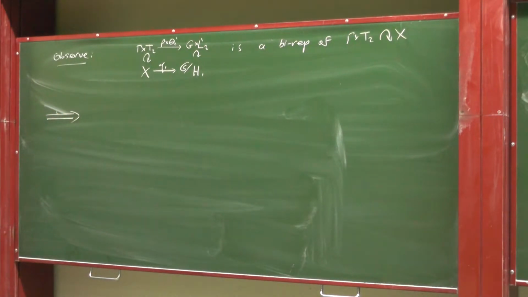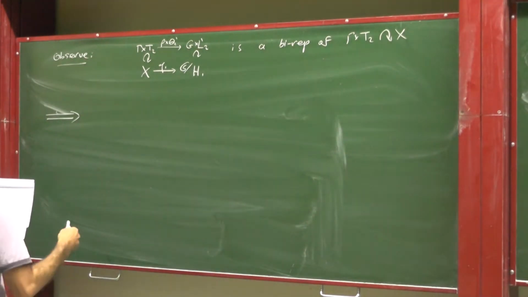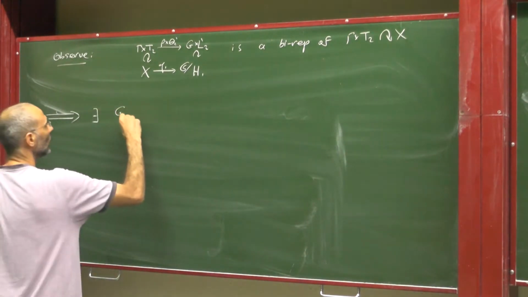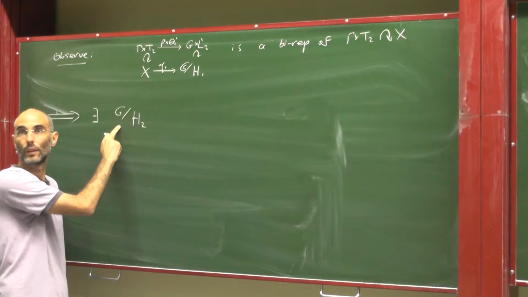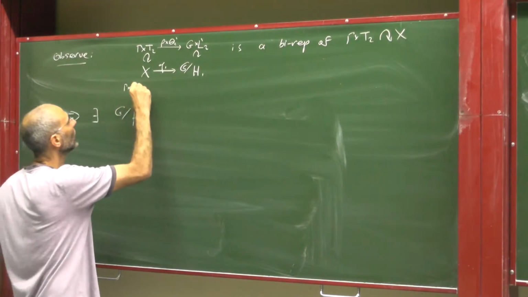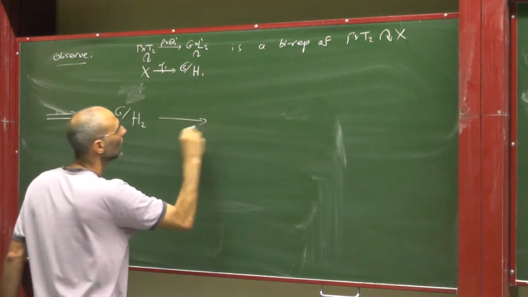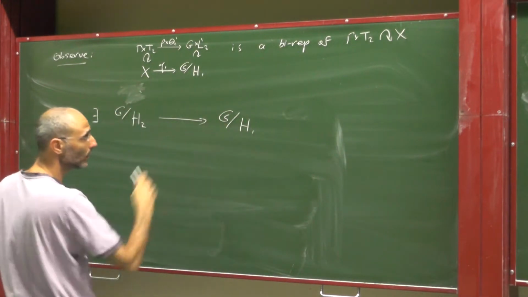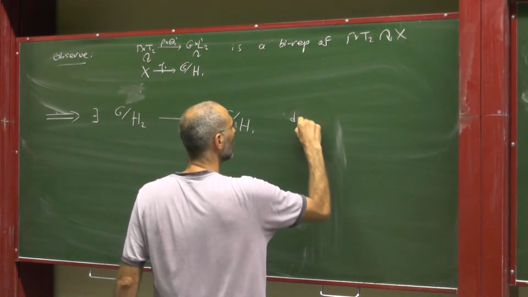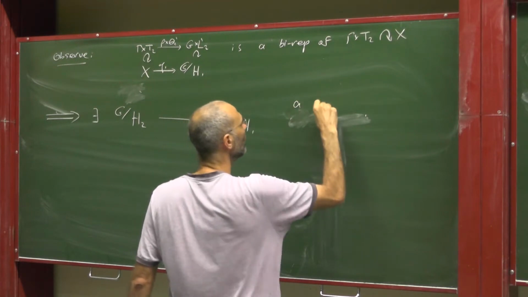Consider the category of all T2 bireps, or gamma times T2 bireps of X, and the fact of initiality in it. This is the initial object in that category. So again, T2. Oh, sorry. Let me. There exists such a map due to, or maybe a morphism.